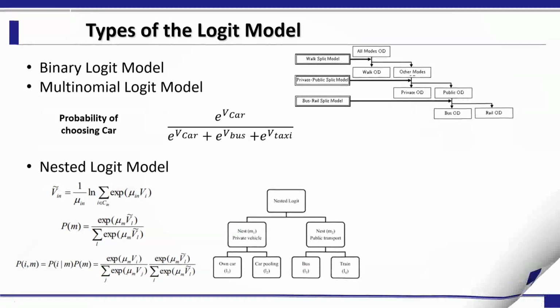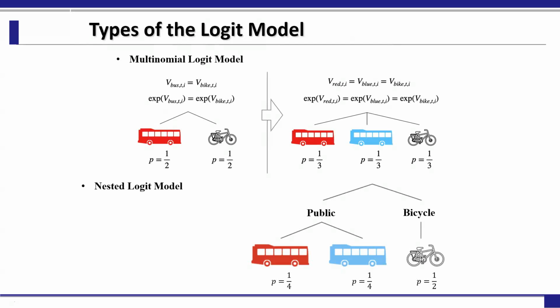As a result, with the blue bus operated, the probability of choosing private car, blue bus, red bus, and bicycle is 33%, 33%, 33%.